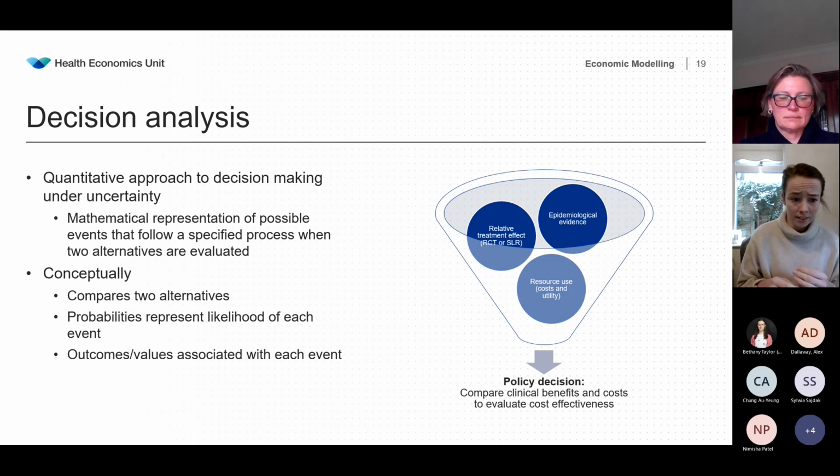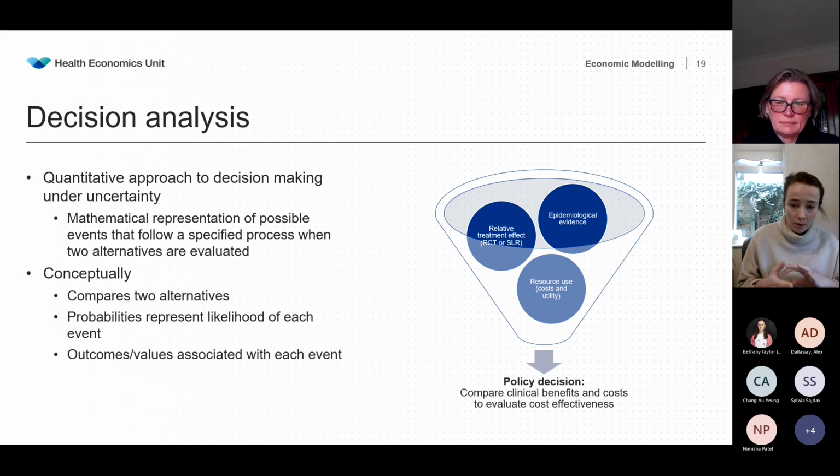So decision analysis is where you take a quantitative approach to decision making. But remember, it's very key that it's always under uncertainty. Uncertainty is always present, and it has to be addressed. And decision analyses are a mathematical representation of possible events. So we follow a specified process, and we're generally looking at two alternatives.